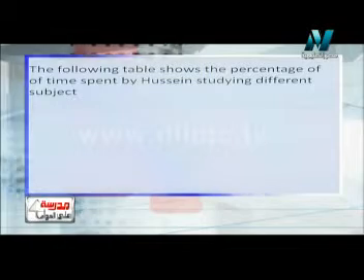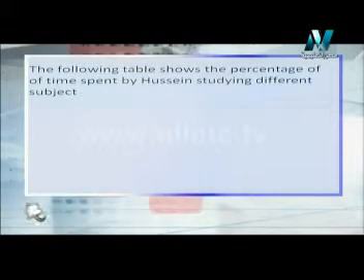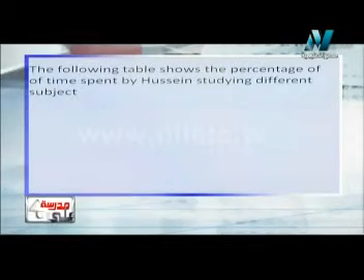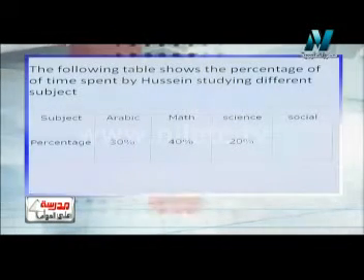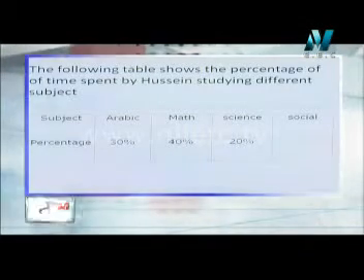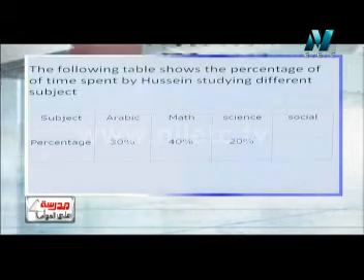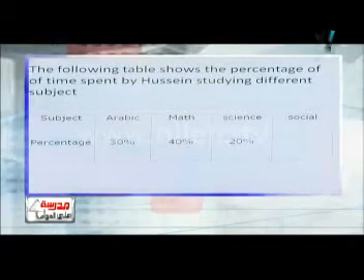Another example. The following table shows the percentage of the time spent by Hussein studying different subjects. Arabic 30%, math 40%, science 20%. I want the percentage of social.